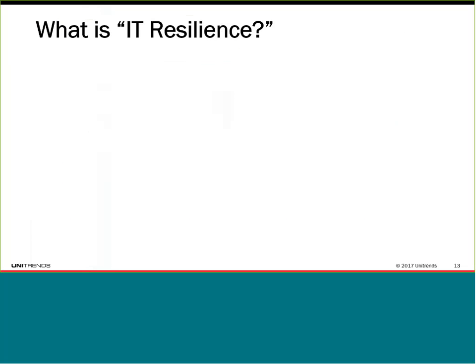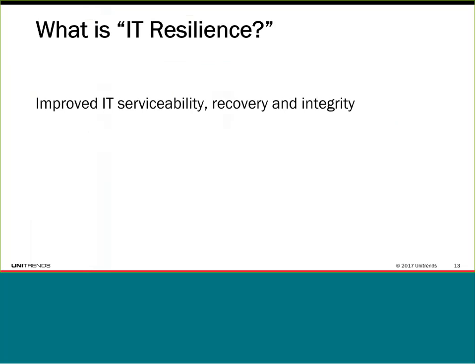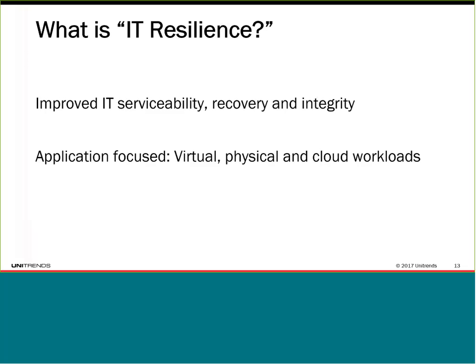So when we think about what it actually means and how Gartner described it, they talked about improved IT serviceability, recovery, and integrity. All right, so obviously this includes and incorporates infrastructure and technologies related to backup and disaster recovery. But naturally, there's an extension here that we're trying to get to with IT resilience that shows more value.